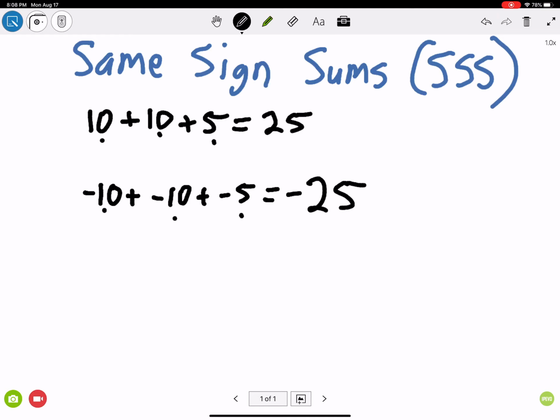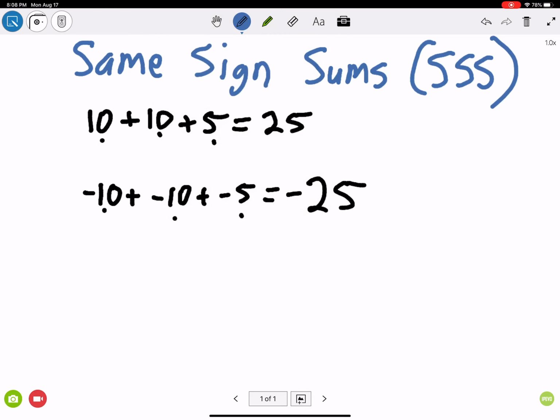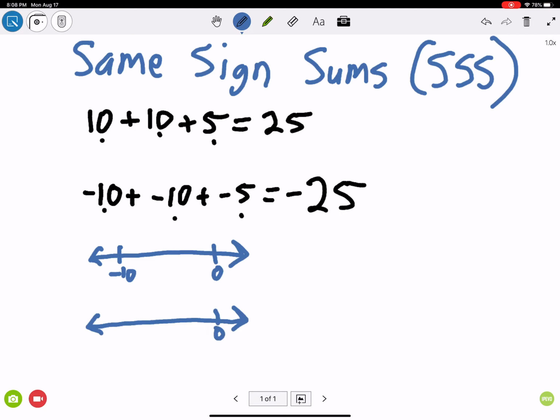Now, if you want me to show you how that works on a number line, it's going to look like this. Let's make the number line blue. Here's 0. Here's negative 10. Here's 0. Here's negative 10. Here's 0.